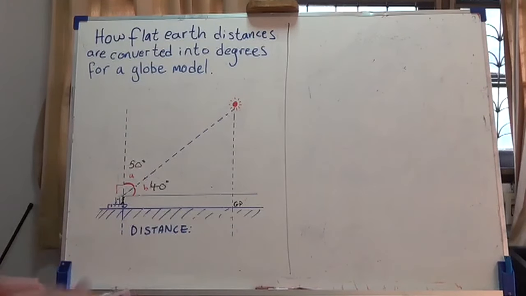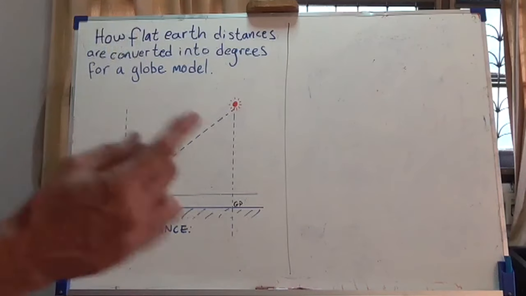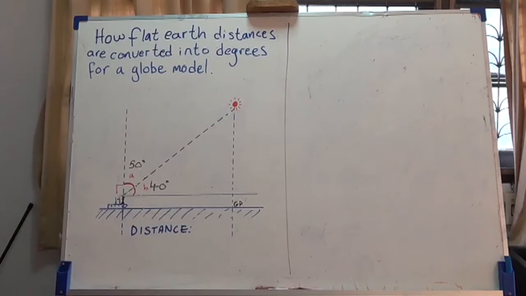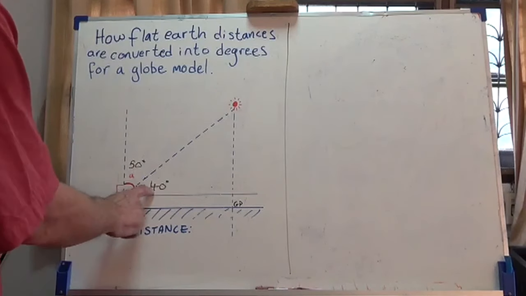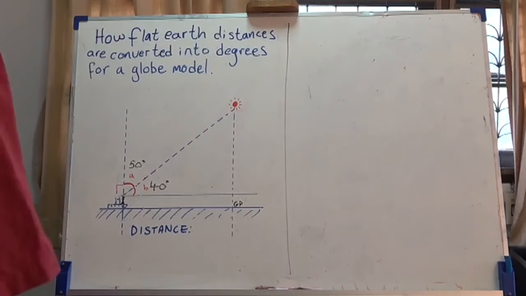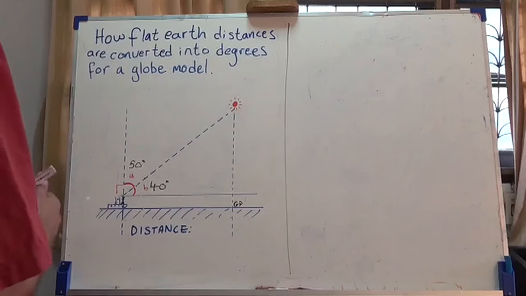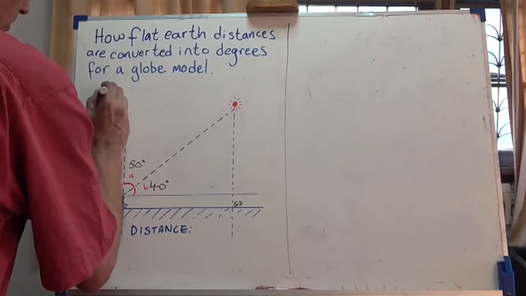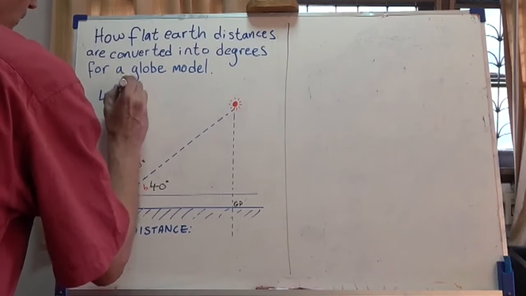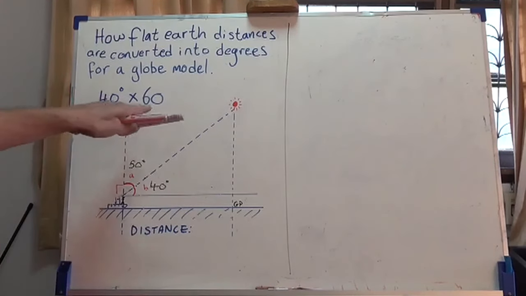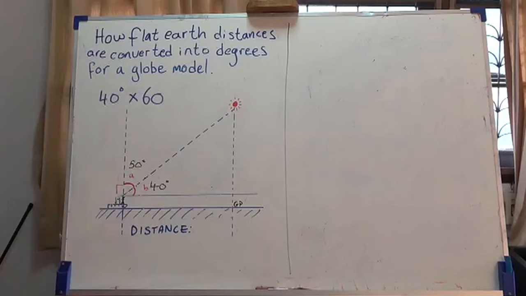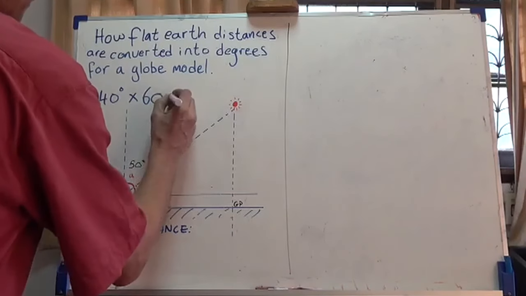Well, as we saw earlier, we've got 60 nautical miles being equal to 1 degree. All right? So what we need to do is take this number that we worked out, the 40 degrees, okay? So what we have then is a simple equation of 40 degrees multiplied by 60, because 60 nautical miles is 1 degree.